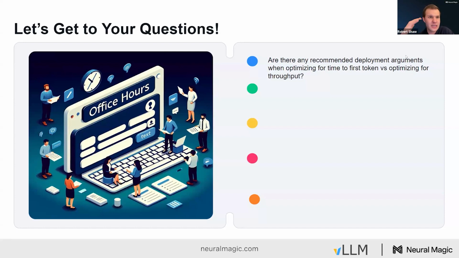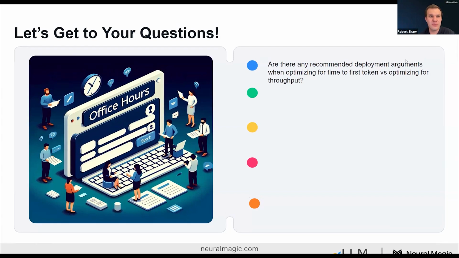And 256 is a really good place for serving workloads. But for offline batch, I think you can typically squeeze out another 15% or so by increasing that, especially if you're running an 8B parameter model on an H100 where you have a lot of KV cache space. You can often crank that up quite a bit higher and achieve even more utilization. So that's another parameter to experiment with.